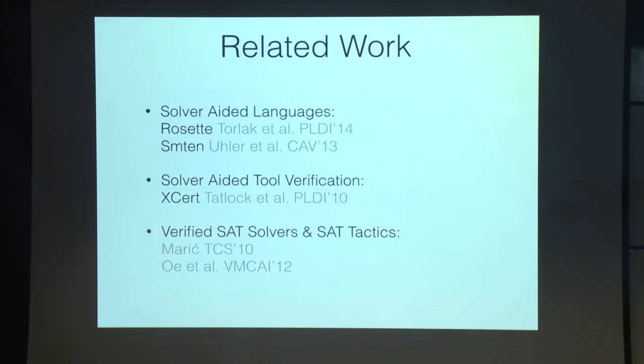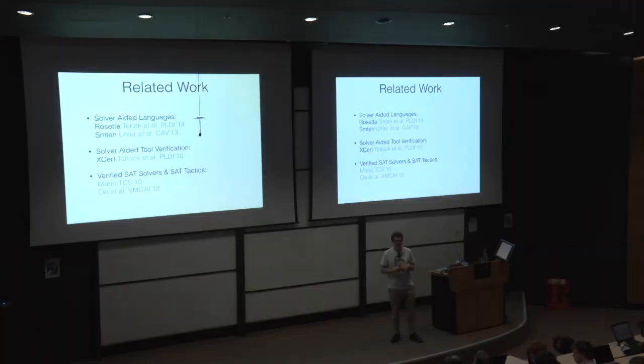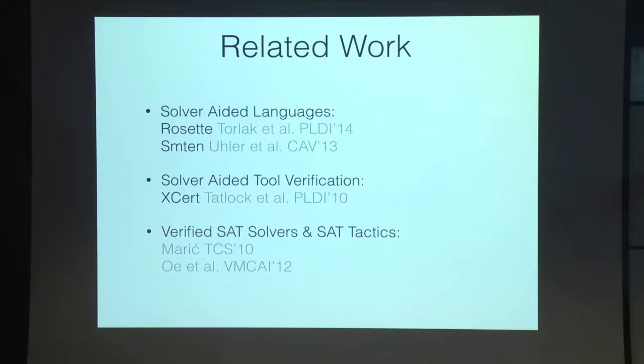So let me talk about some of the related work. There's been a lot of development recently in the domain of solver-aided languages. And if you're familiar with that term, you can think of SpaceSearch as just a solver-aided language for Coq. Now, there have been others. For example, Rosette is a solver-aided language for Racket, and Smten is a solver-aided language for Haskell.